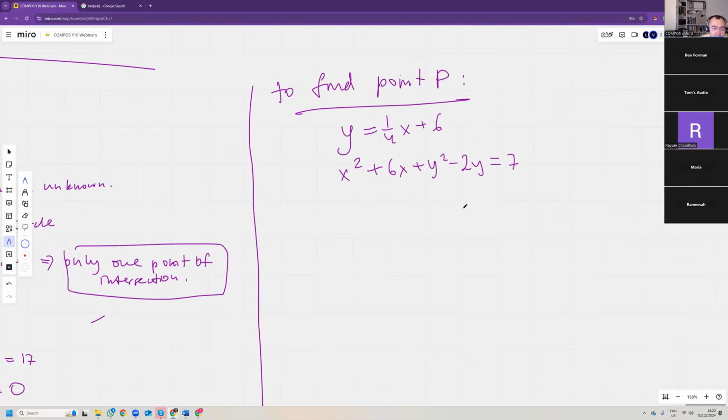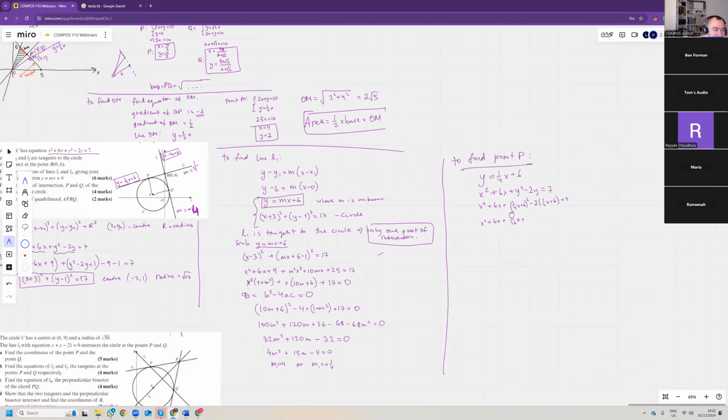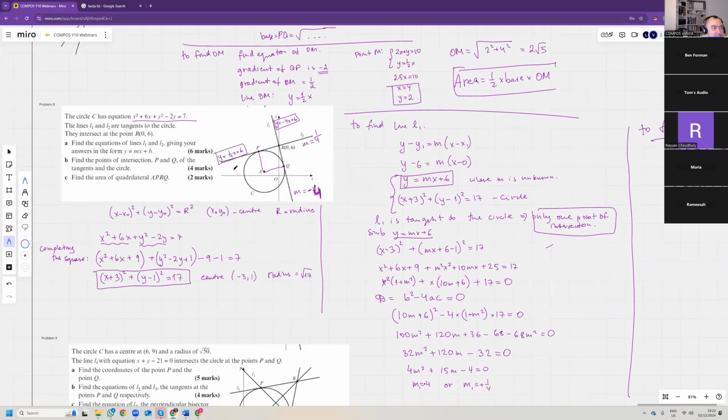I sub that in. x squared plus 6x plus (1/4 x plus 6) squared minus 2 times (1/4 x plus 6) equals 7. Okay, that's going to take a while. But the point is we can find point P.